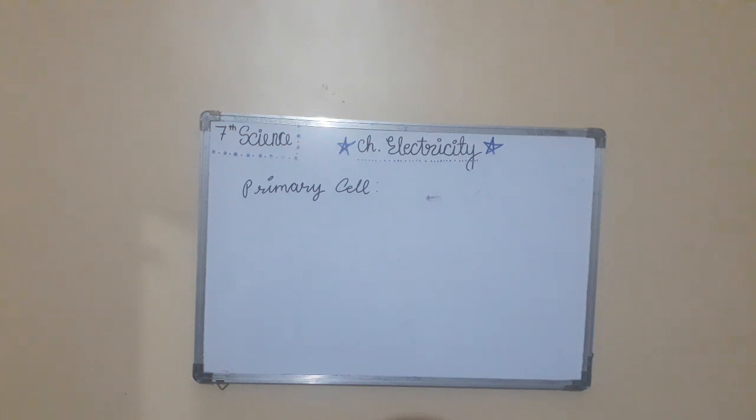Now, button cell. You might have seen a small cell in a wristwatch or calculators. It is in the shape of a button. It is nothing but a dry cell, popularly known as a button cell. They are compact and have a longer life.